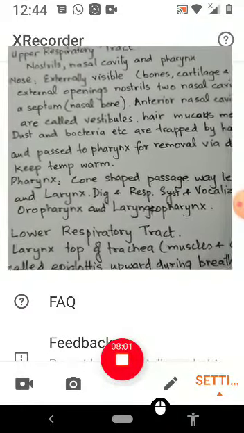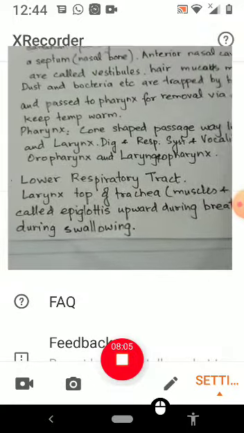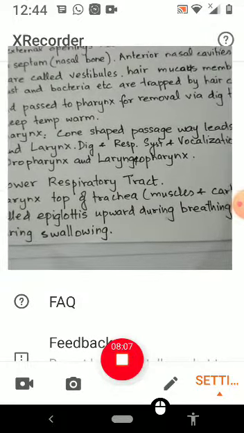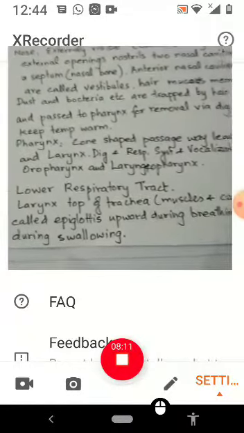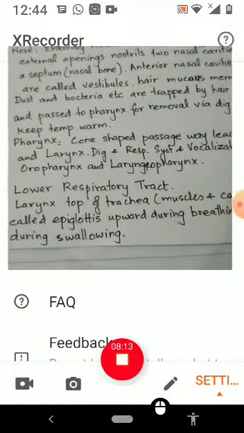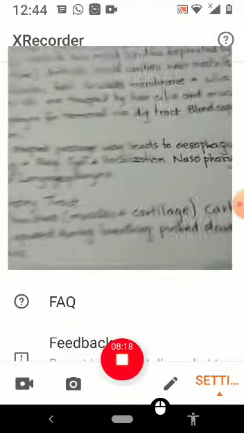In the lower respiratory tract, we find the trachea, that is the windpipe, which allows air to reach the lungs. Now, this tracheal tube is made up of muscles and cartilage.